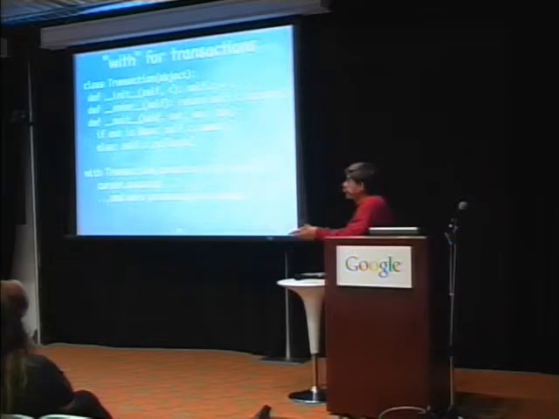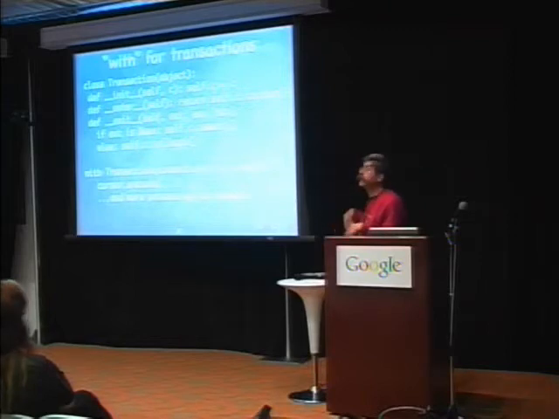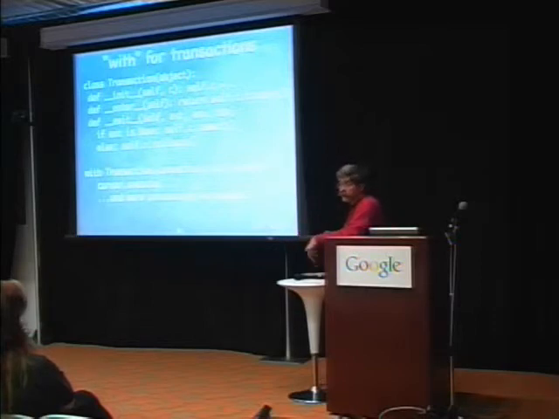So the caller does the with transaction as cursor, and does all the cursor execute, cursor fetch, and so on. If we exit normally, we want to commit whatever that transaction did to the database. If we exit abnormally, we want to roll back automatically, and that's trivial, because we just check the exception type.